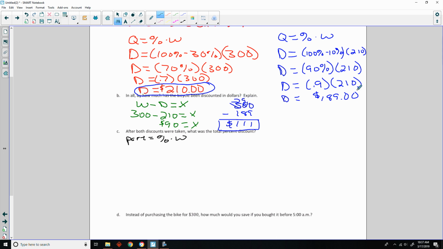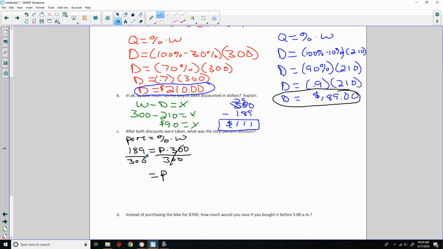So we have the price that we paid, $189, equals the percent P times the whole price, which was $300. In solving for P, we're going to divide both sides by 300. These 300s will cancel and we will find our percent discount. So 189 divided by 300.